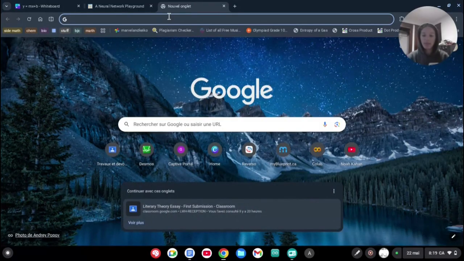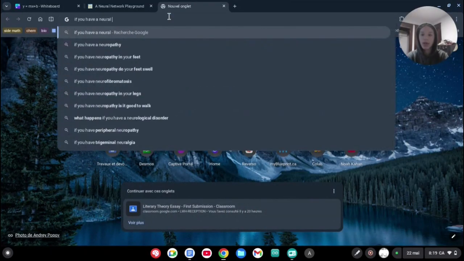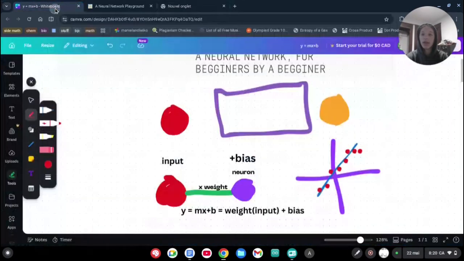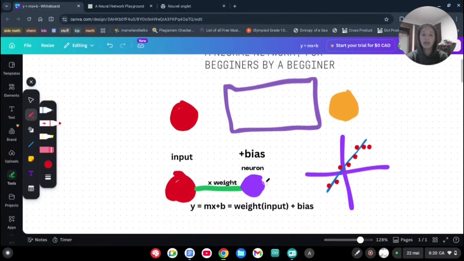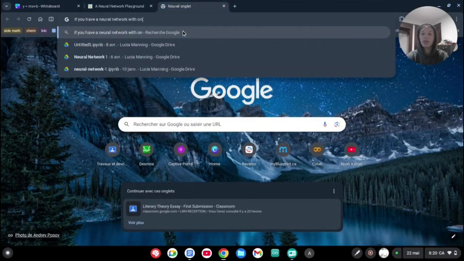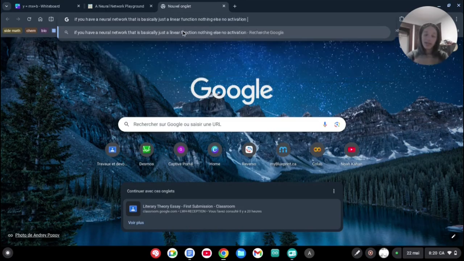If you have a neural network with one hidden layer, one thing I forgot to add is that it is basically just a linear function, nothing else, no activation. Can it predict linear trends?